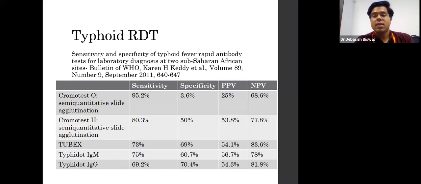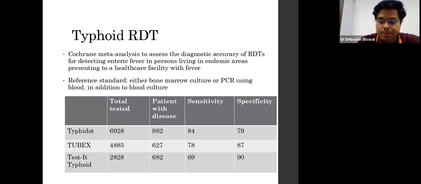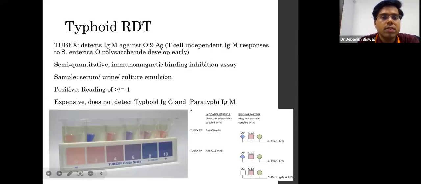Then typhoid RDT. There is also a typhoid RDT kit, which is used for the diagnosis of enteric fever. So this typhoid RDT detects the IgM antibodies against the O9 antigen.